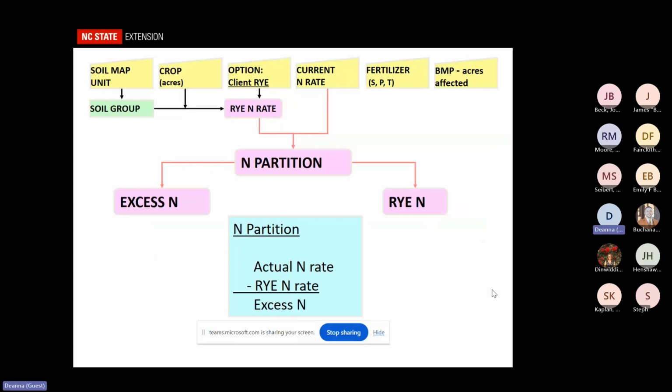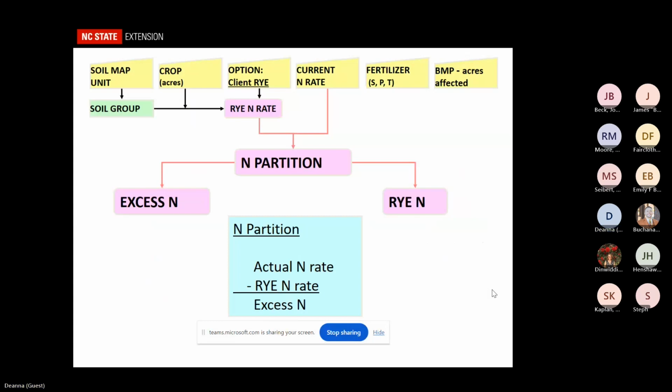So the way the program works is that you put your current nitrogen rate in. The program already knows what the nitrogen rate should be, and then it partitions the nitrogen. And if you only put on enough nitrogen for the realistic yield nitrogen rate, then it all goes into the realistic yield, or the RYE nitrogen box.